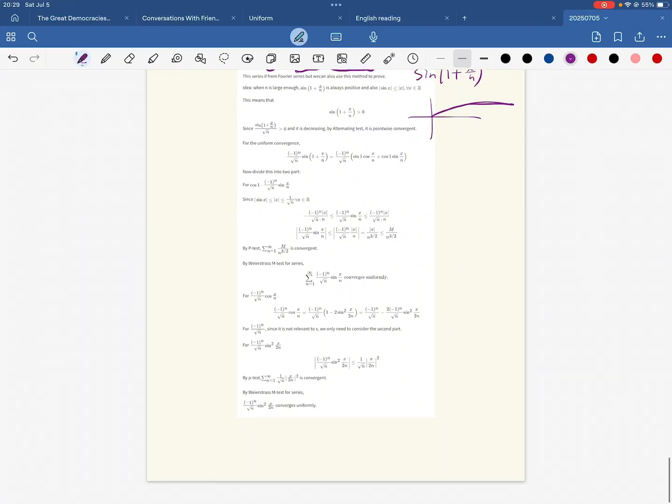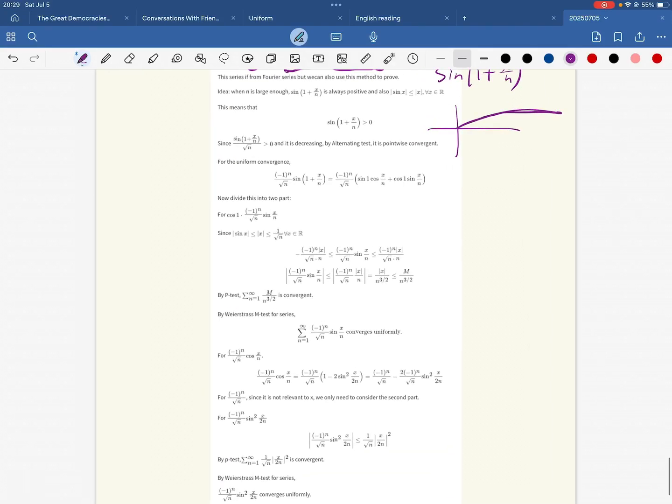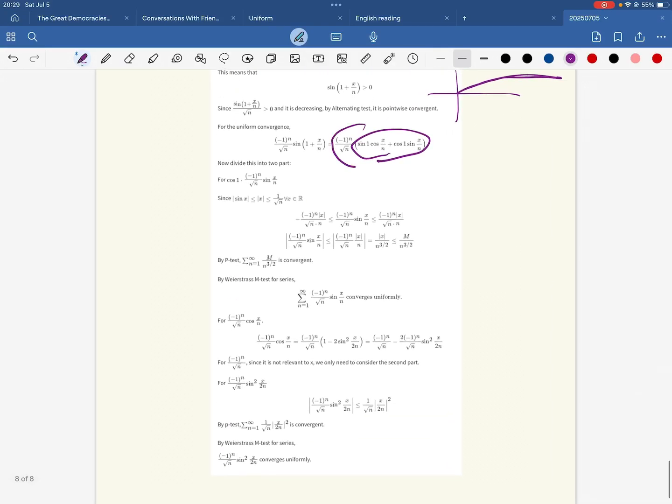And for the uniform convergence, we expand this into two terms, and step by step we prove they are both uniformly convergent.